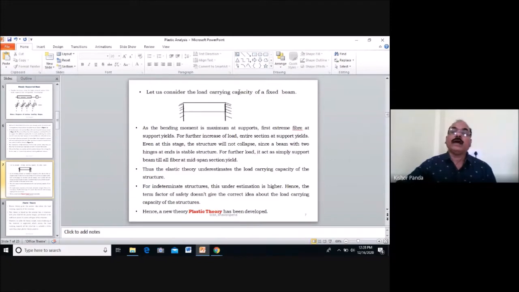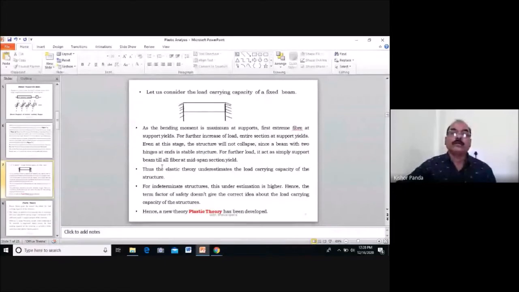If you increase the load further, the positive moment is maximum at the mid section, so yielding takes place there, and after that the collapse of the structure takes place. But when the hinge formation starts, the beam can still resist more load.